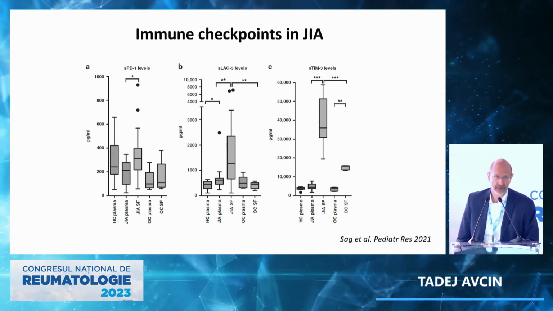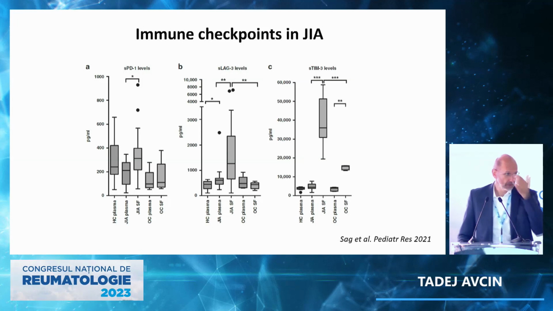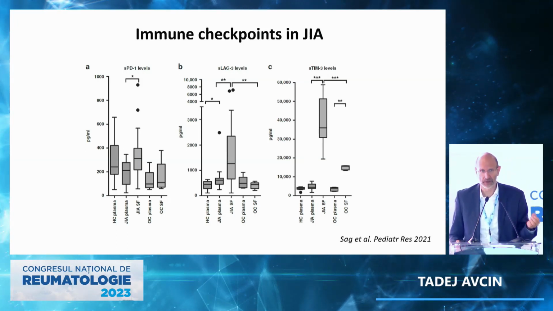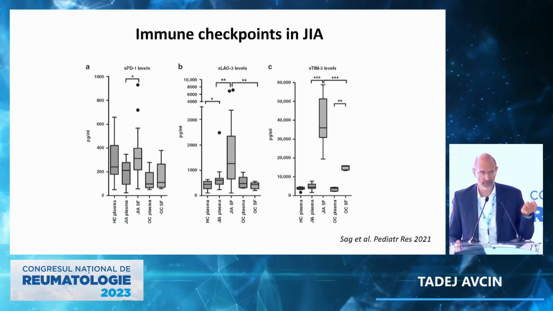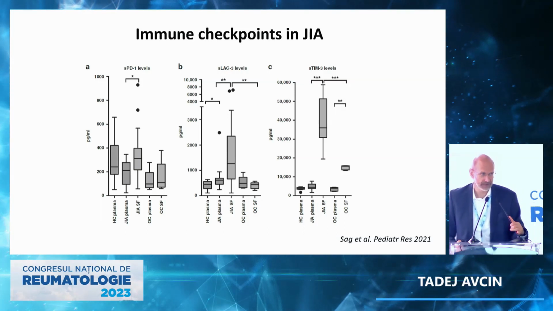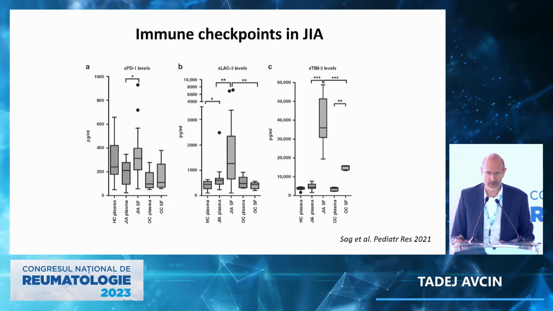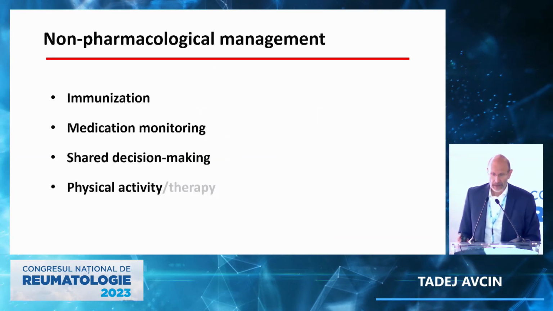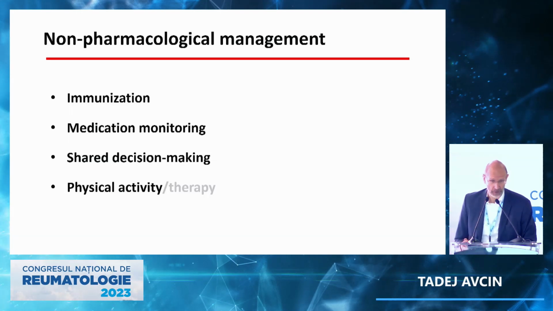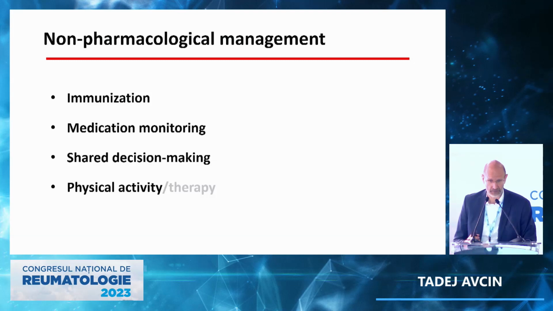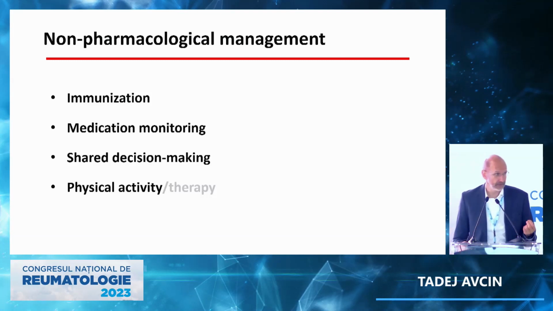We might expect that in the future we will be able to more precisely evaluate the synovial fluid and maybe decide on the basis of synovial fluid cells what would be the right treatment approach in certain patients.